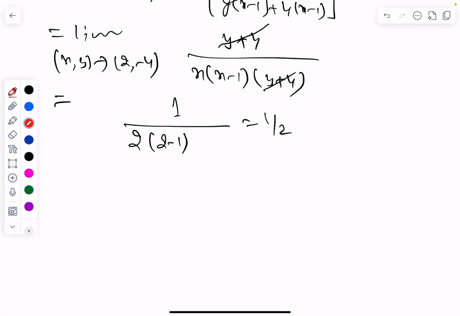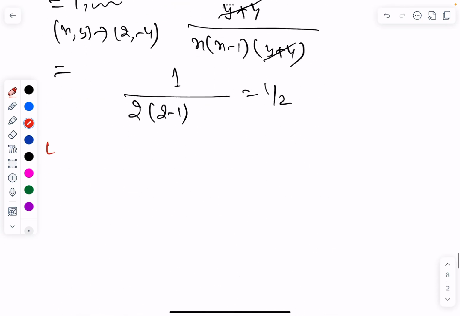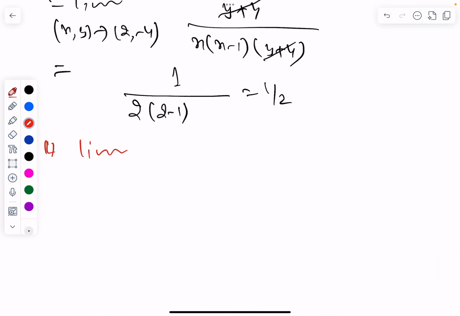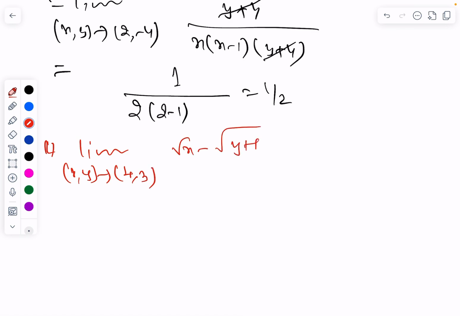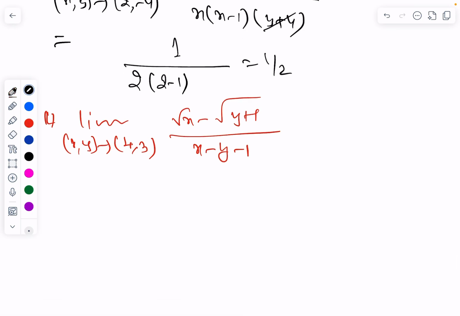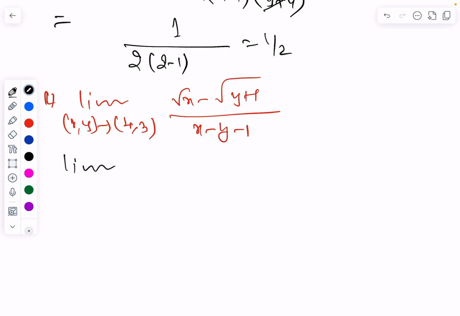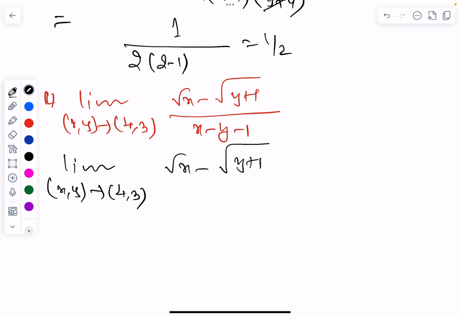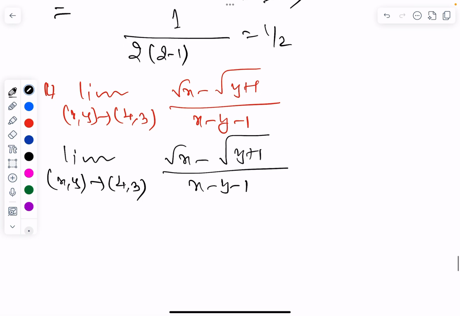Next, limit xy tends to 4, 3, root x minus root of y plus 1 over x minus y minus 1.